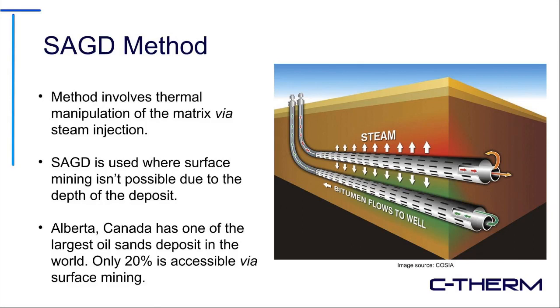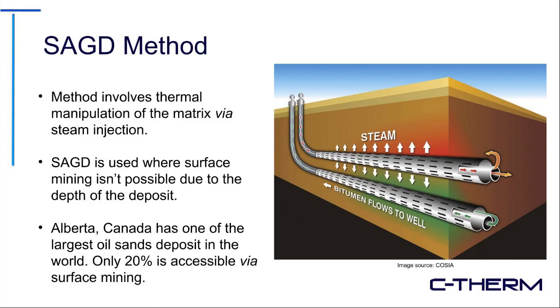Coming back to the oil sands, talking about the SAG-D method, again a very high level explanation: you have these various well bores dug into the ground, and it essentially involves thermal manipulation of your matrix using steam injection. As the steam is pumped into the system, it changes the thermophysical properties of the material.